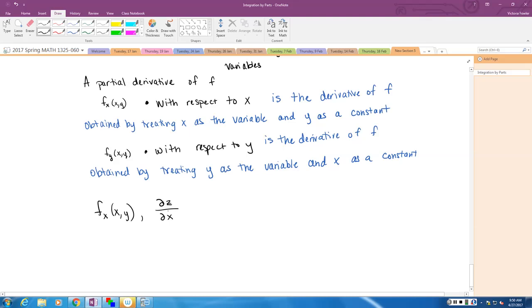It's the partial derivative of that function z with respect to x. You could see it written as z and then the subscript x, or you'll see del f over del x. So all of these things are saying the partial derivative of the function z equals f of x, y with respect to x. So I'll write that down.